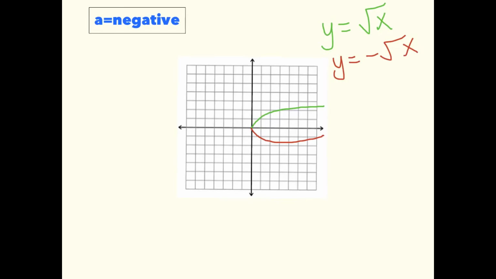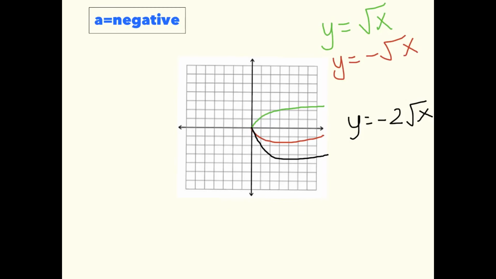Now, the negative, it doesn't matter what number it is. If it's y equals negative 2 square root of x, well, the 2 is going to tell us we have a vertical stretch, and the negative sign is going to tell us that it reflects. So it will be both. We'll have a stretch and it will reflect.